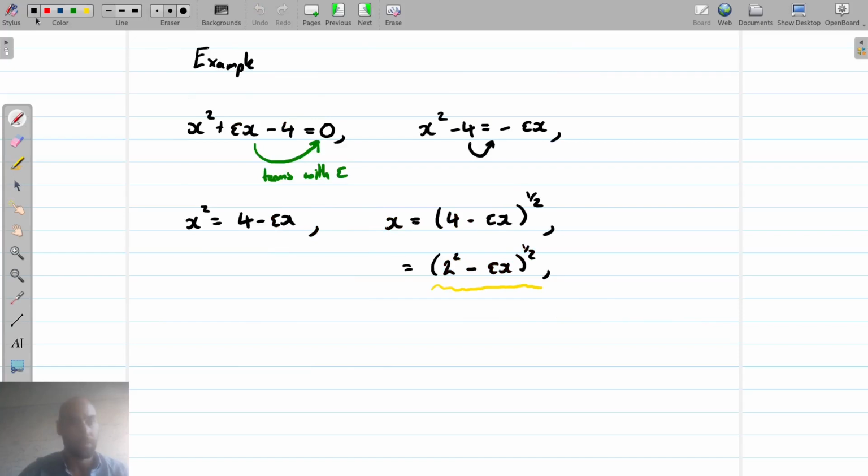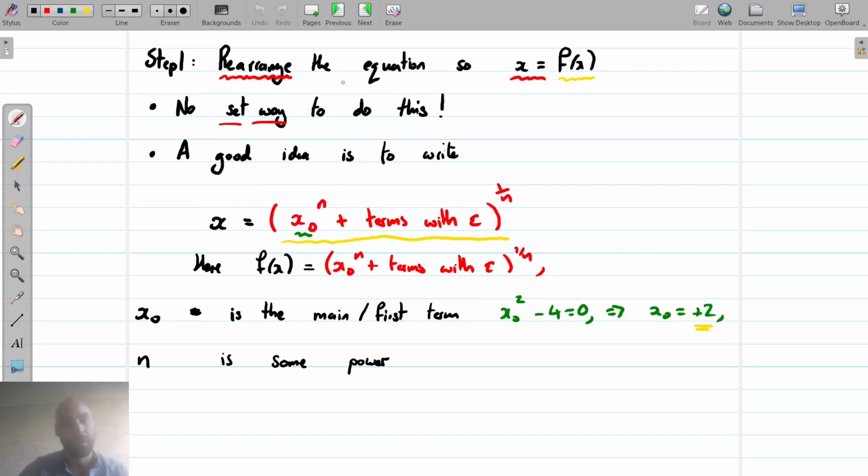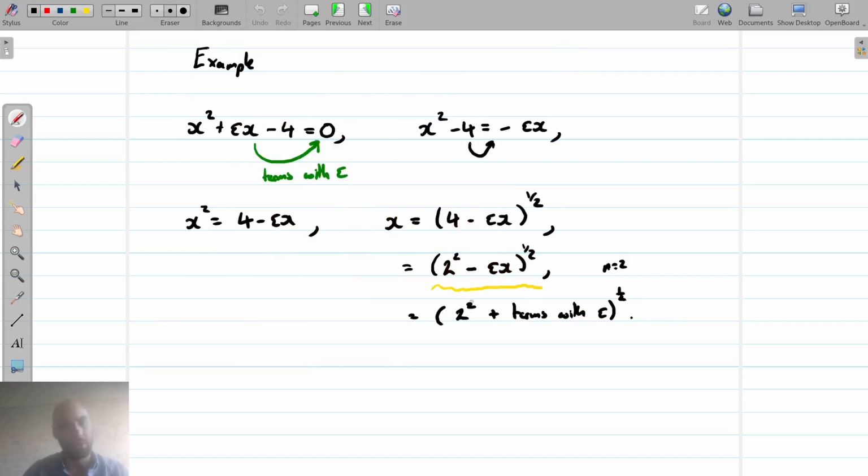So here we've got 2 to the power of n, so n in our case is 2. So I've got 2 to the power of 2 plus terms with epsilon, to the 1 over 2. So this is in the correct form, right? We've got x naught to the power of n plus some stuff with epsilon. Here I've got my x naught squared plus some stuff with epsilon.